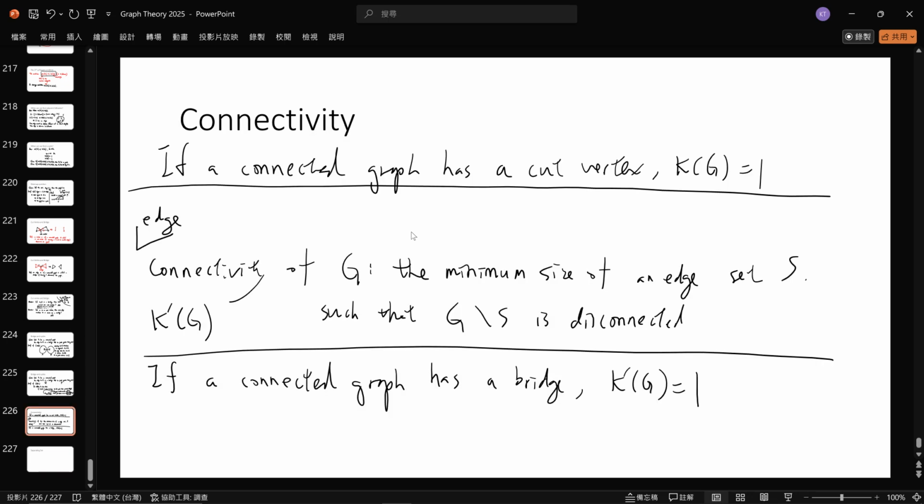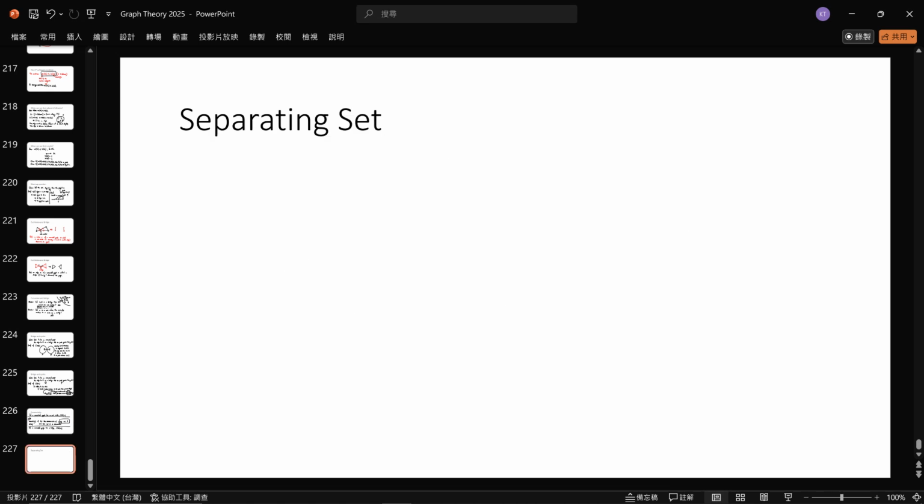So this is just like the edge set, or the vertex set when we discussed vertex connectivity. But this time we have two types of sets, so I'm going to differentiate them by saying separating vertex set and separating edge set.